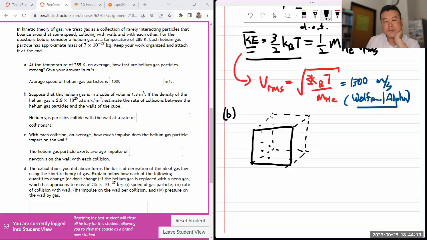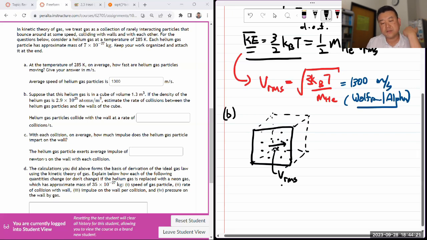So this is what I'm thinking. I have some helium gas particles in the box, moving at some speed. For simplicity's sake, let's say it's moving at VRMS. There's going to be some error if I do that, but I'm just trying to get an order of magnitude estimate.